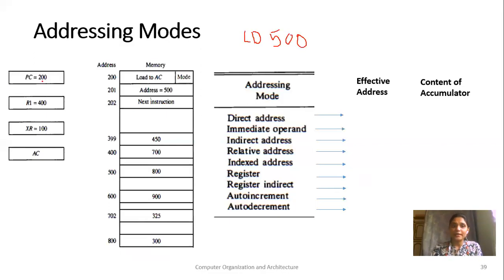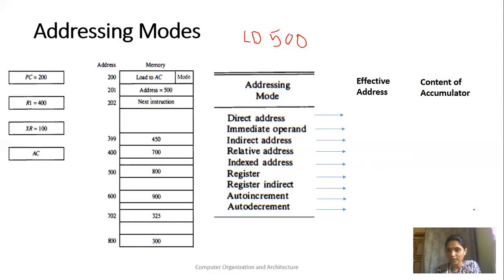Your program counter's content is 200, R1's content is 400, XR's content is 100, and the accumulator, we have to see what will happen to it after each and every mode's execution. For each addressing mode, we have to see what the effective address is and what the content of the accumulator is lastly.